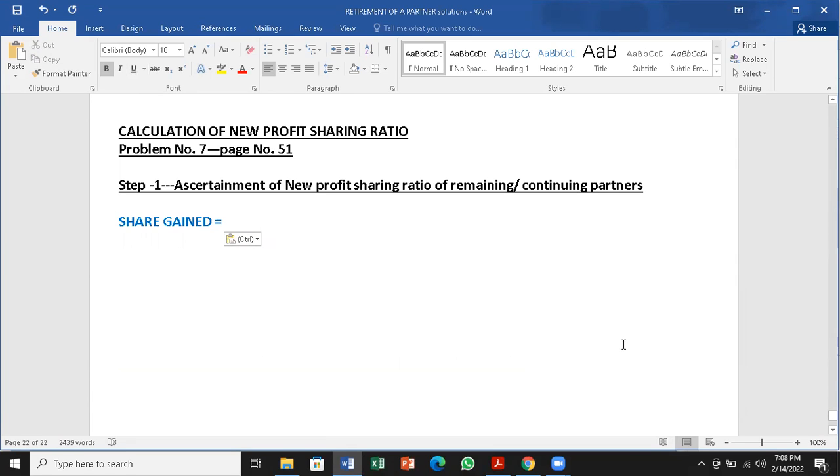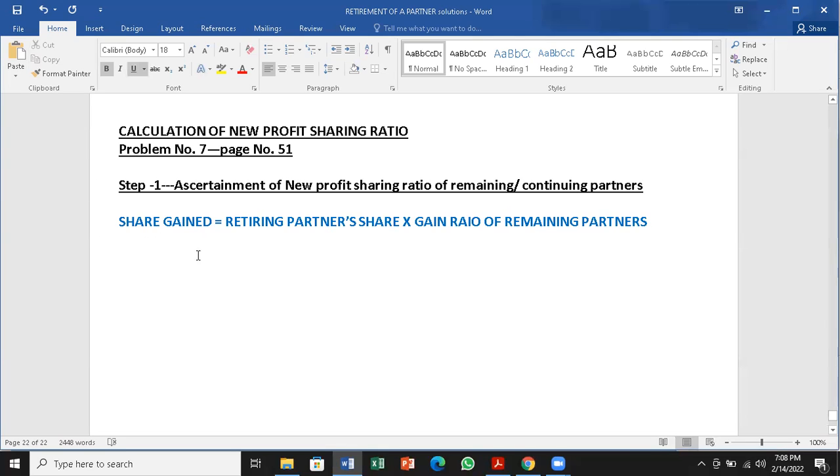So share gained is equal to retiring partner's share multiplied by gain ratio of remaining partners.